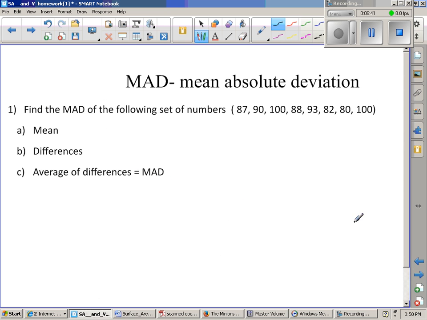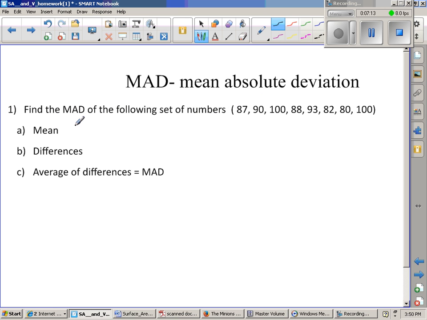Okay, the second part of your homework was mean absolute deviation. And here I have the rules for you to find the mean absolute deviation of a set of numbers. The first thing you have to do is find the mean. So to find the mean, I'm going to add all my numbers and divide them. So I'm going to add up 87 plus 90 plus 100 plus 88 plus 93 plus 82 plus 80 plus 100, and that equals 720.